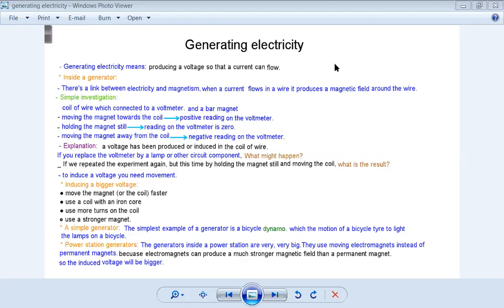This helps them to cycle in the dark. In power stations, the generators are much bigger than any generator that we use, and they use electromagnets because electromagnets produce a much stronger magnetic field around them. In this case, they will produce the high voltage that we need to run the homes and factories.